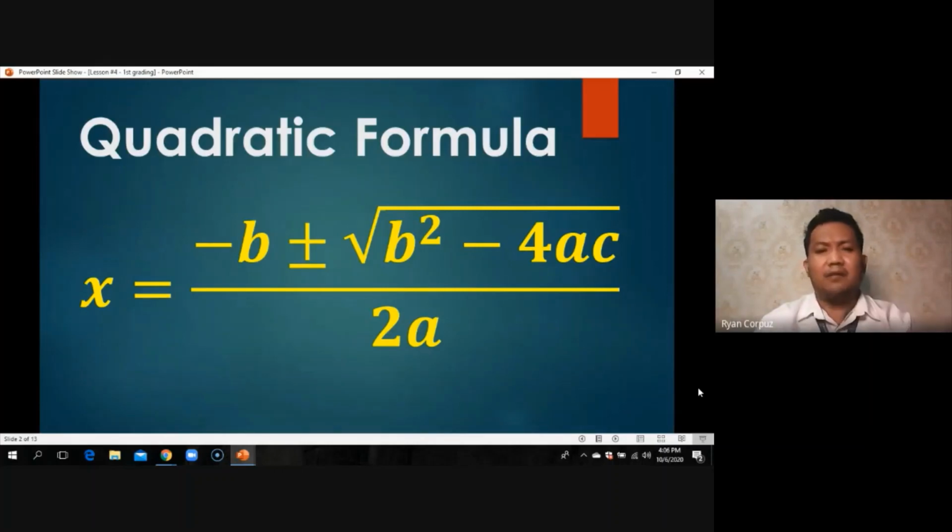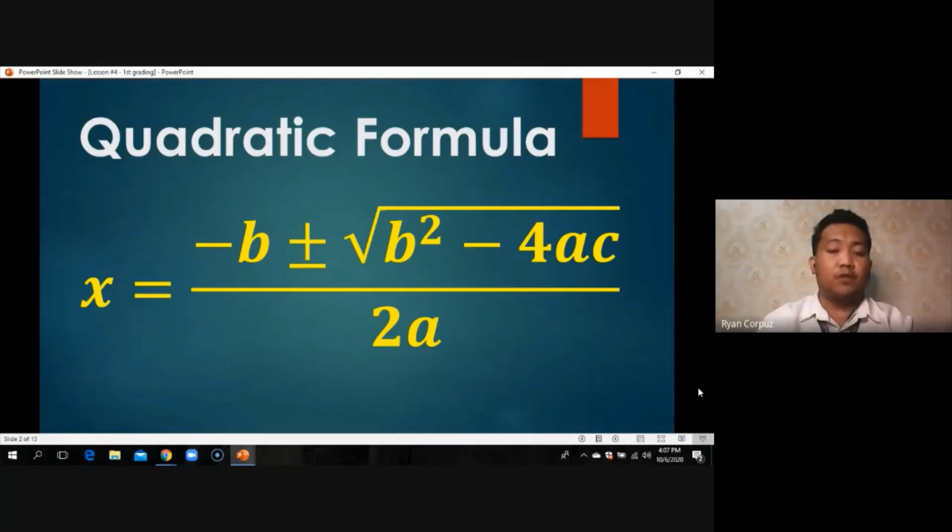Whatever kind of quadratic equation is given, that can be solved by the quadratic formula. So maaari nating malaman kung ano yung solution of that quadratic equation by using the quadratic formula, whether the given quadratic equation is an equation with c is equal to 0 or with b is equal to 0, or even both a and b or b and c are equal to 0, or if you cannot solve it by factoring, you can make use of the quadratic formula.